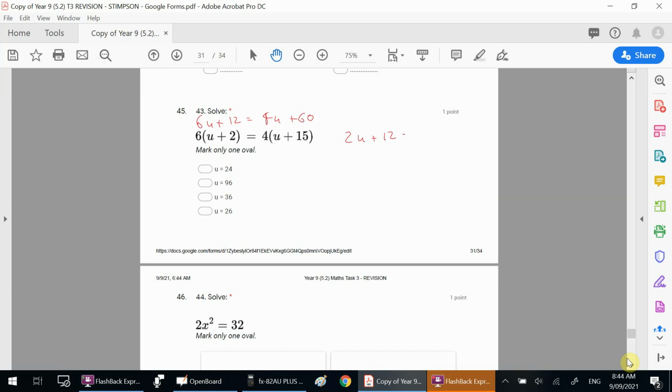Some of you do 2 steps in one on this one. That's okay as long as you don't confuse yourself. 4u's gone, so I'm left with 60. Take the 12 away. There we are.